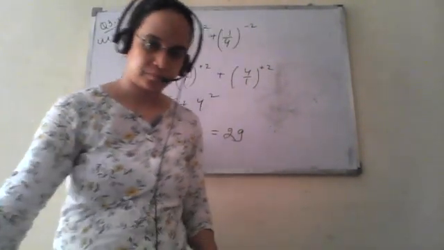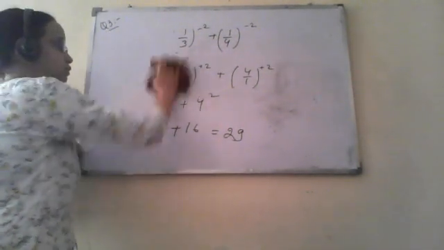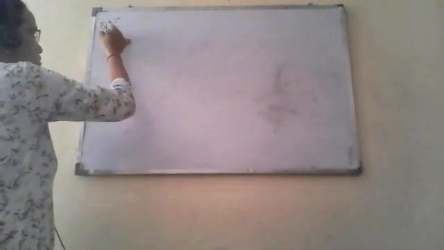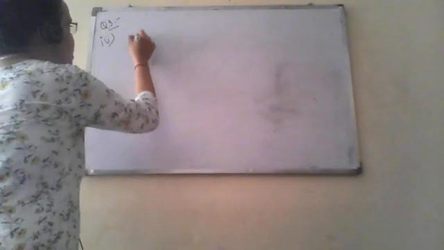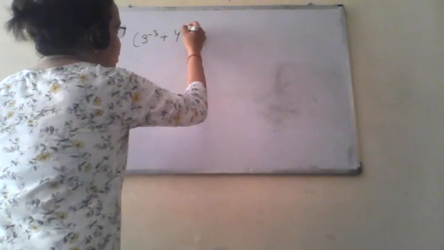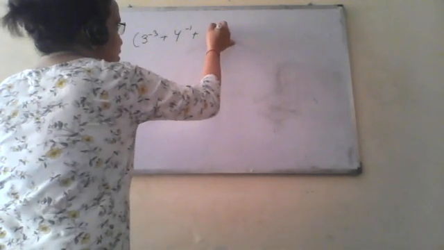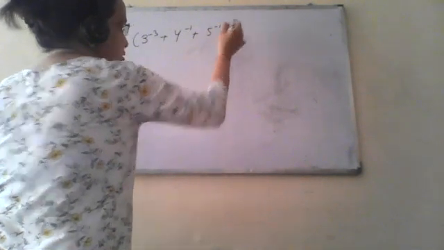Clear? Now the fourth part. The fourth part is 3 to the power minus 3 plus 4 to the power minus 1 plus 5 to the power minus 1, whole to the power 0.